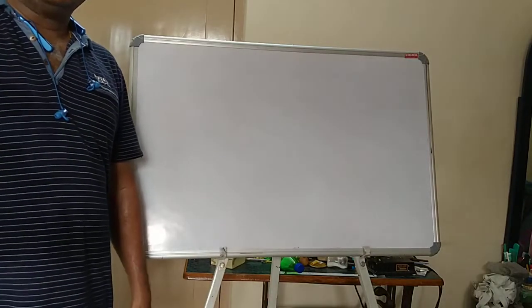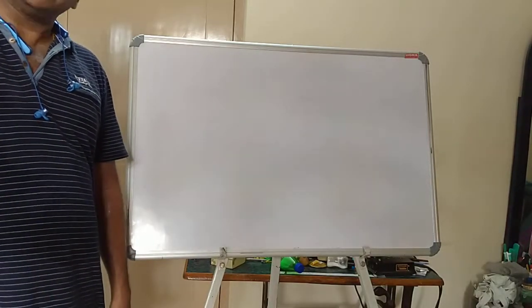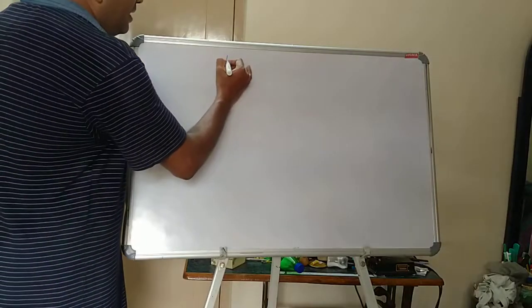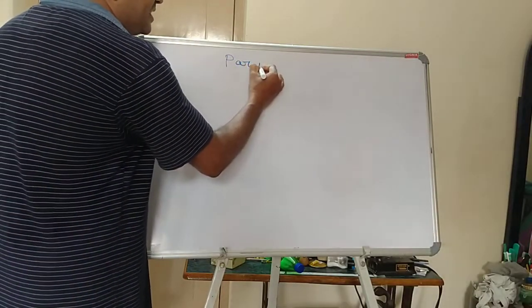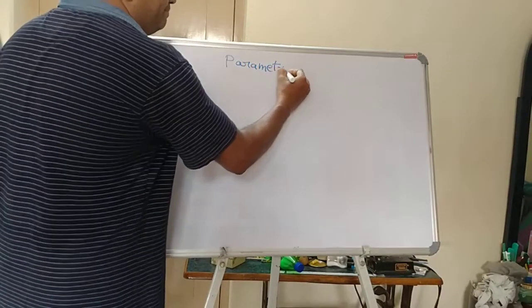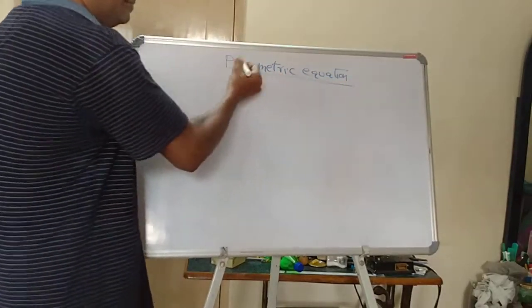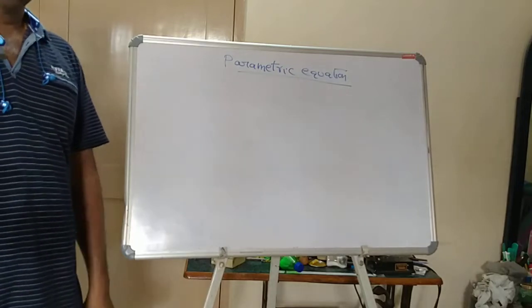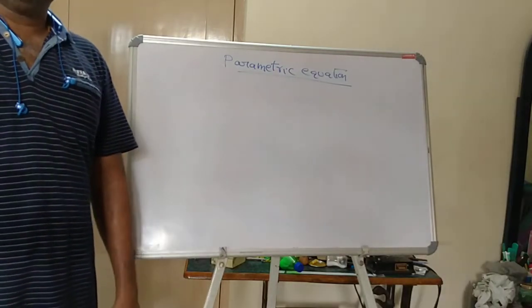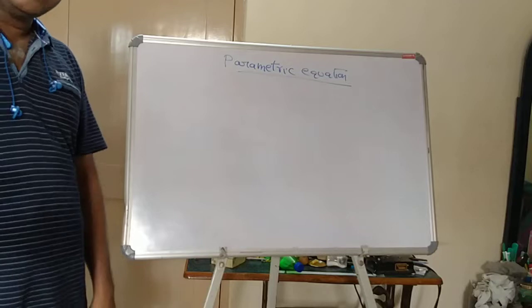Now, parametric equations of a circle. Let us take a circle x square plus y square equals a square.